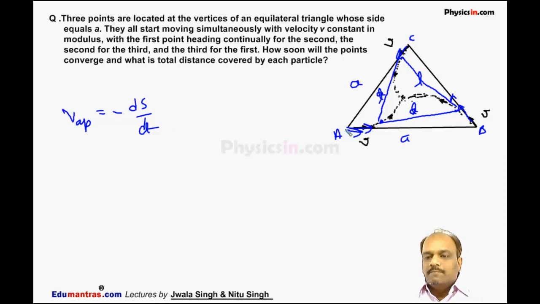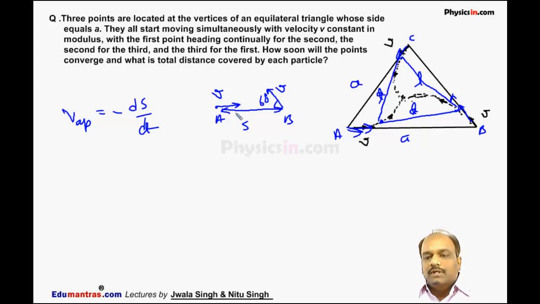And if you watch this person A and B, let the separation between these two be S. So A is moving toward this person with a speed V. B is moving towards this direction with a speed V at an angle of 60 degrees.